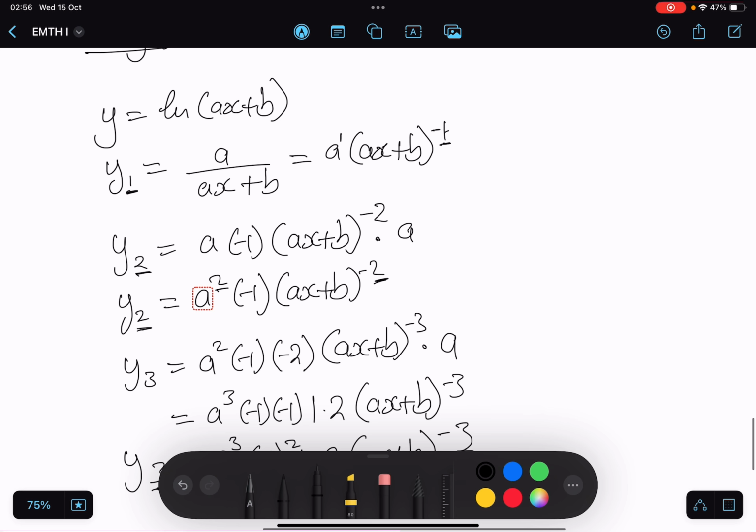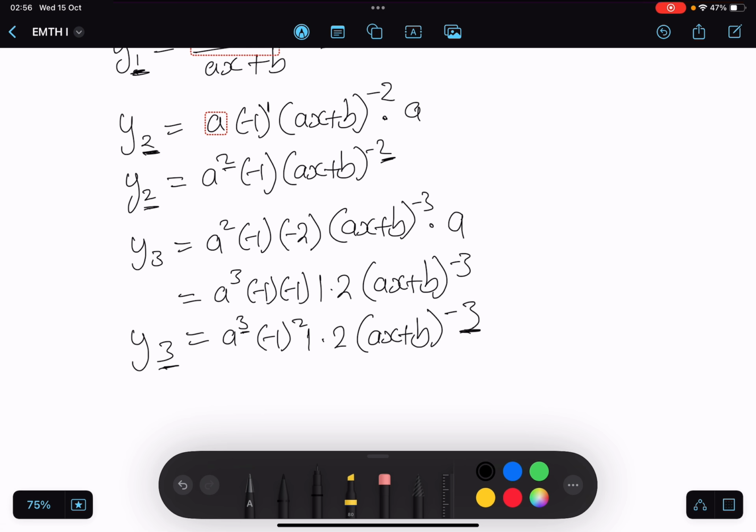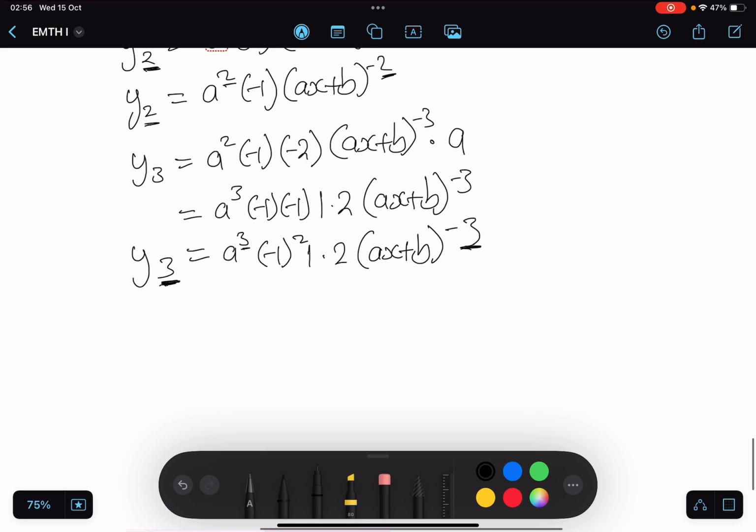But then for y1, the power of -1 is 0, and for y2, the power of -1 is 1. When you look at y3, the power of -1 is 2, right?